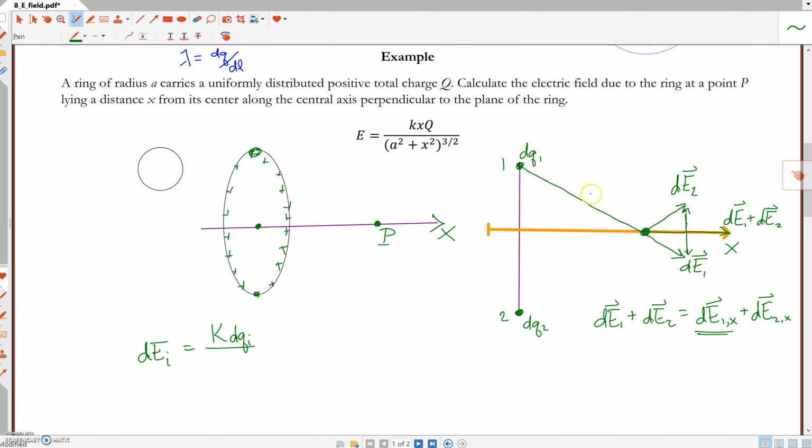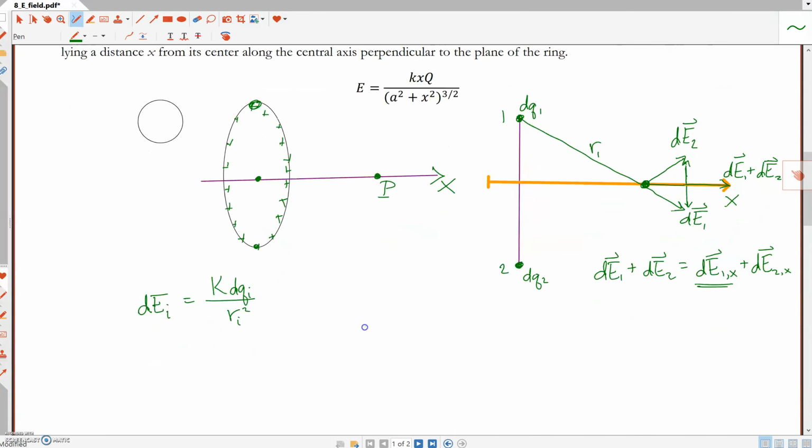So this distance R1, or R sub i if I want to be generic, Ri squared. This would be the magnitude of the electric field due to one little piece of charge right here.